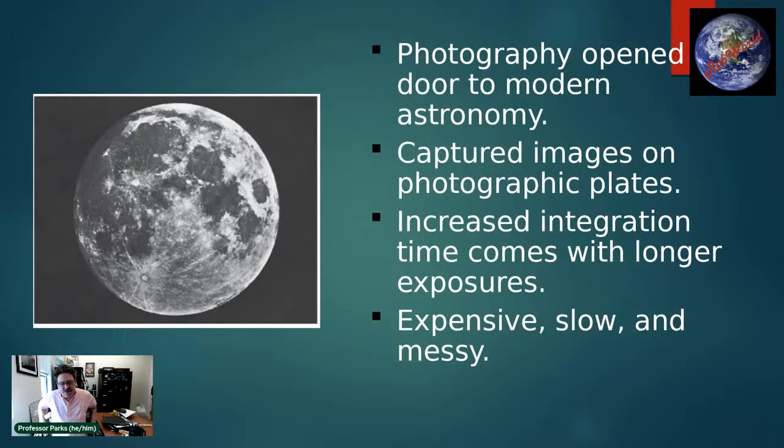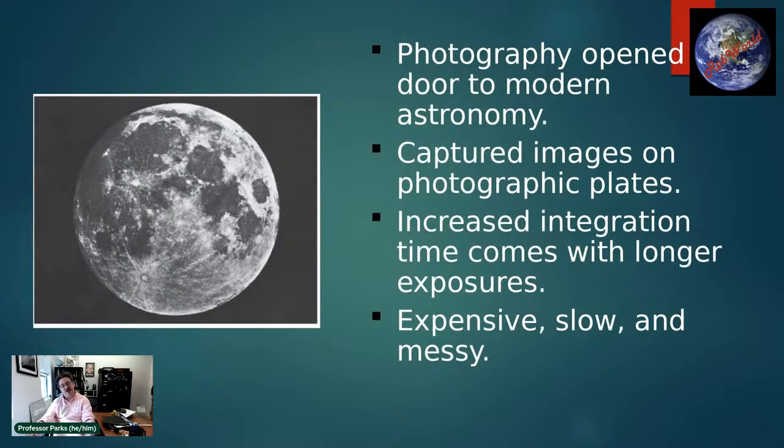The problem is that photographic plates have a fairly low quantum efficiency. When they first came out, the quantum efficiency of a photographic plate was about 10%, or for every 10 photons that hit the plate, only one of them was registered.